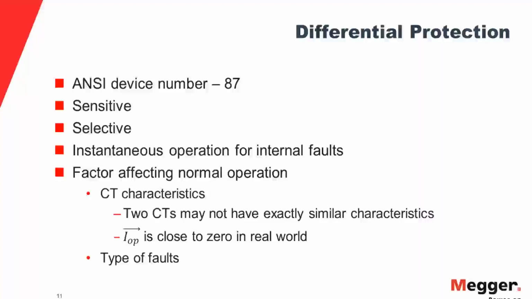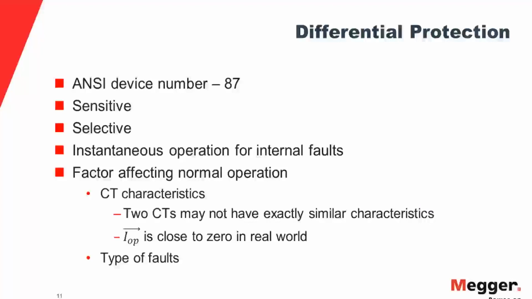Having said that, there are multiple factors which affect the normal operation, the selectivity and also the sensitivity of the differential protection. For example, you can have two CTs, as we mentioned before, the CT1 and CT2.